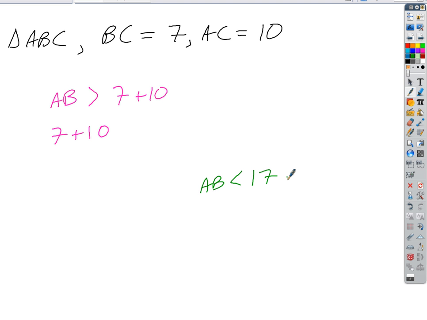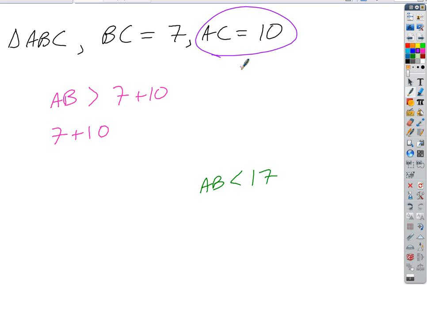Okay? All right, Justine, what if AB is not the longest side? What would be the longest side then? What do you think? If AB is not the longest, what is the longest? AC would be, right? So the longest would be, in that case, 10, right? So now AB is one of the shorter sides, right?